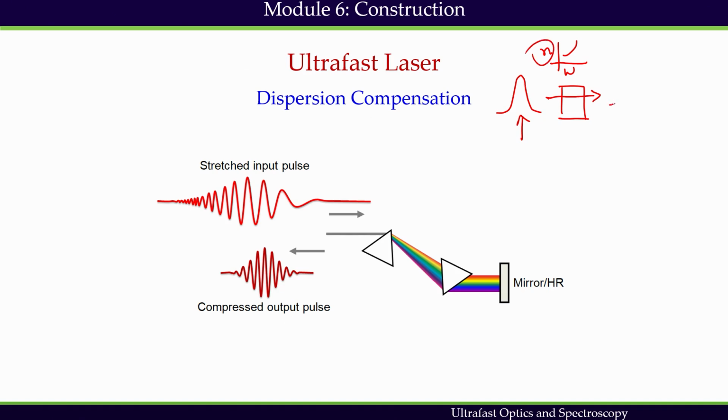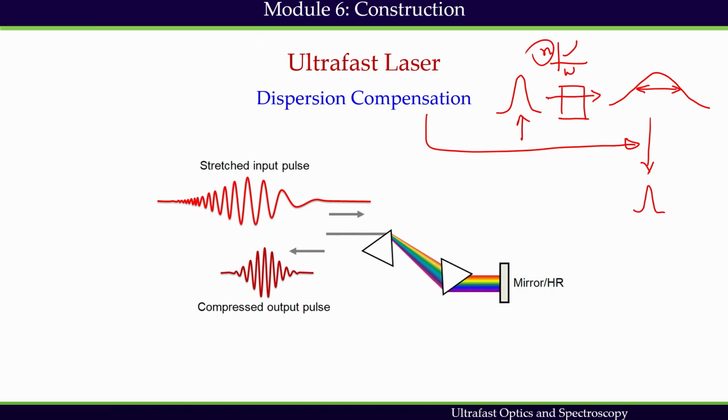That is why they will be stretched. And the moment it has stretched, in order to produce a short pulse, I need a mechanism, called dispersion compensation, to recompress the broad pulse again to a short pulse.